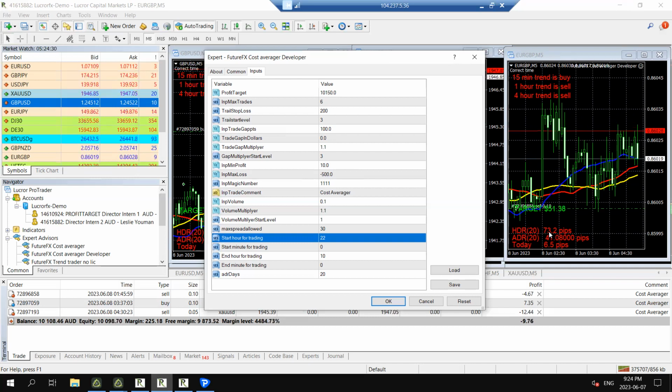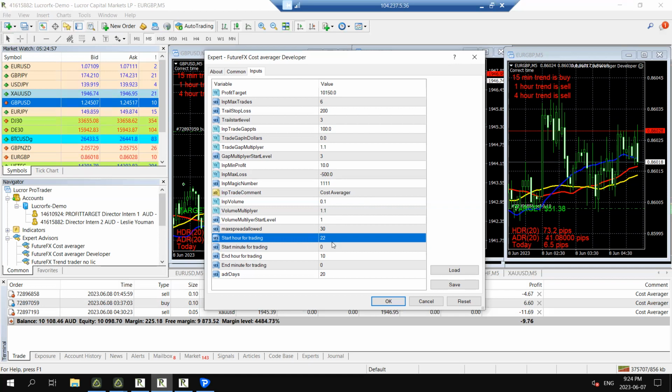And 150 pips is basically twice the largest movement that this pair has had in the last 20 days. So that is keeping it conservative. Even if it's twice as much movement as the highest day we've had in 20 days, I would still handle that on these settings. So that's another way you want to use these ADRs and HDRs.